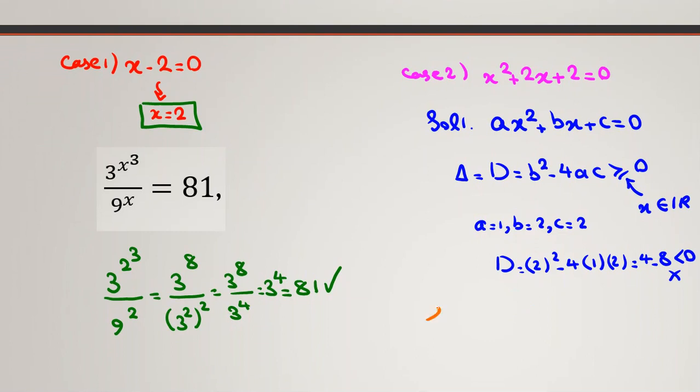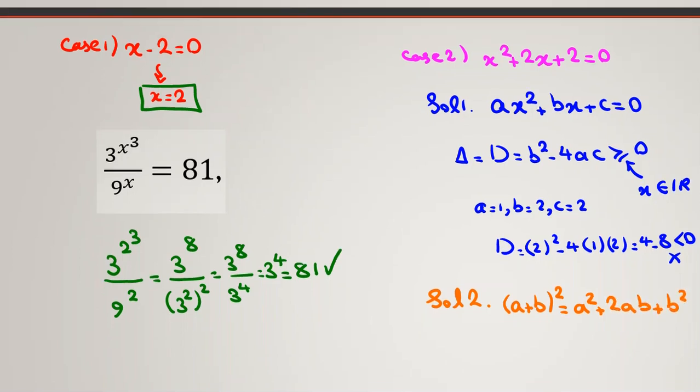Solution number 2: we use the identity that a plus b squared equals a squared plus 2ab plus b squared. Look, we have x squared plus 2x, so I consider x plus 1 squared: it will be x squared plus 2 times 1 times x, which is 2x, plus 1 squared, which is 1.